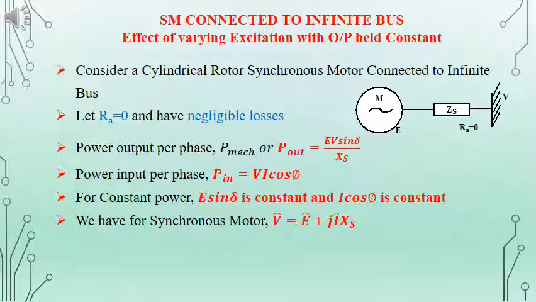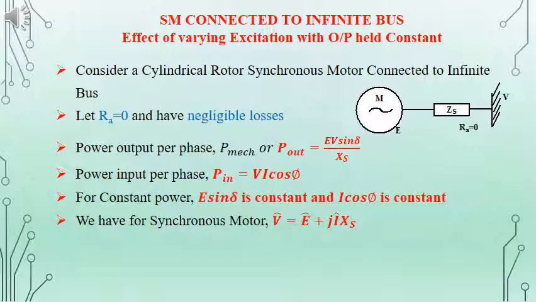Here V is constant because it is connected to the infinite bus. And for P output, or the mechanical power output from synchronous motor, to be constant, E sin delta should be constant. By manufacturing, Xs can be considered to be constant.